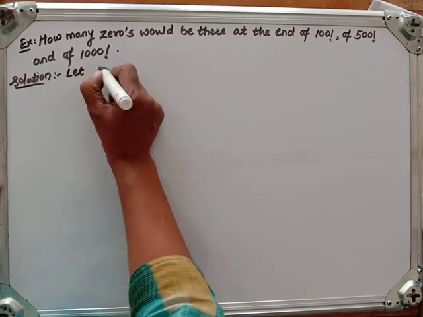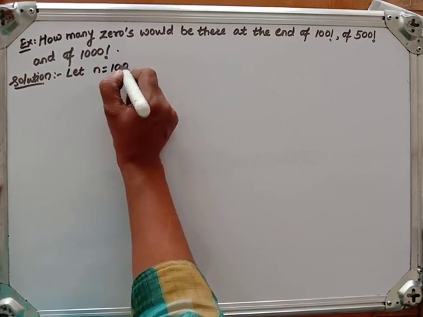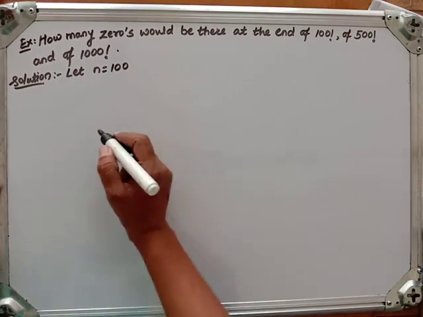Let n equal to 100. Let's solve for 100 factorial first.